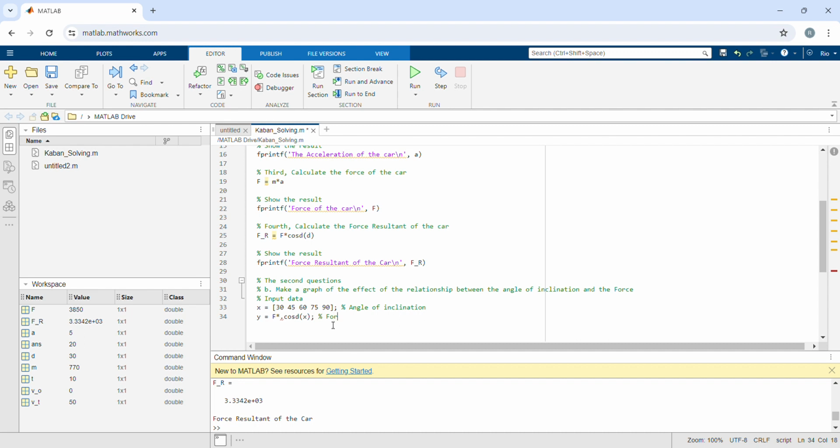So this is the force resultant. This one is correct.